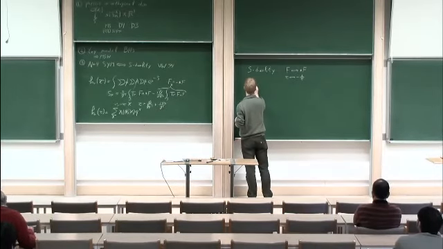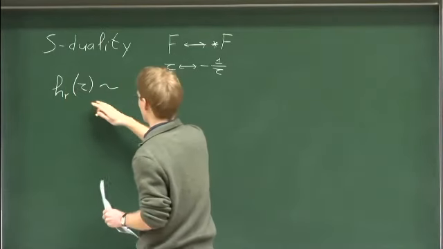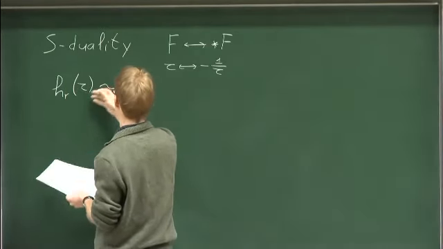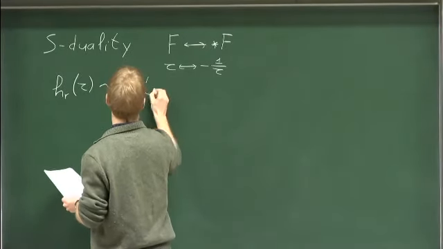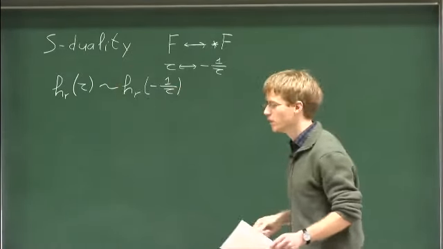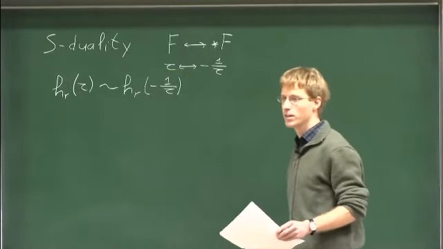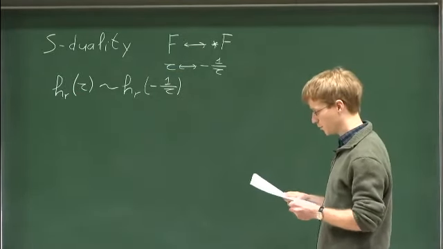So it is expected that R of tau would be closely related to R of minus 1 divided by tau. So these functions will have modular properties was the conjecture.